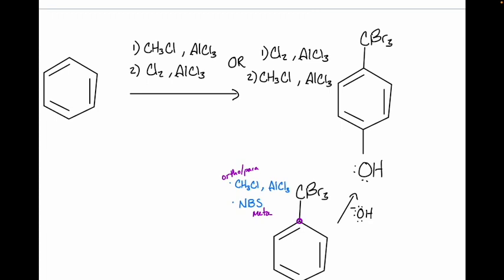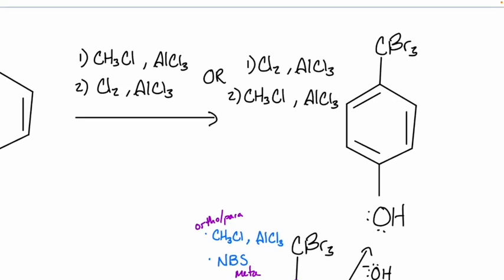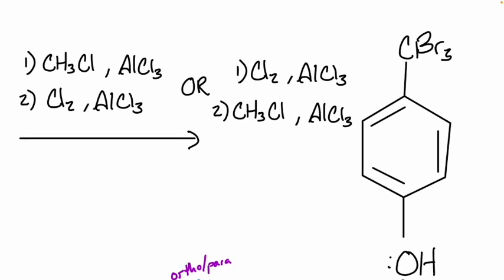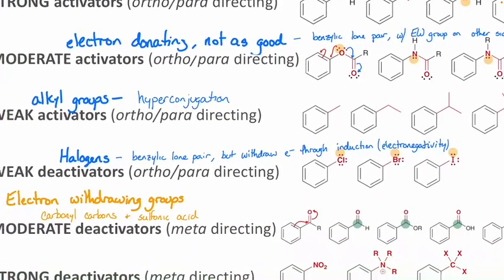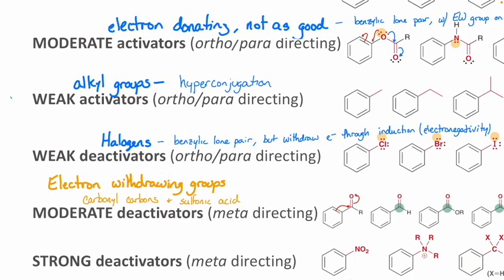But let's think for a second, because practically speaking, one of these orders would actually be better than the other. Remember those halogens are in a weird category here, in that they are ortho-para-directors, but they're weak deactivators.